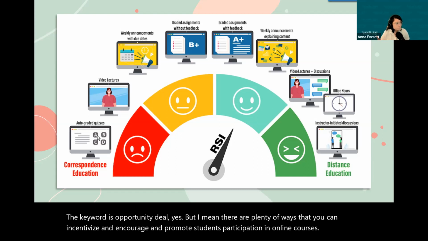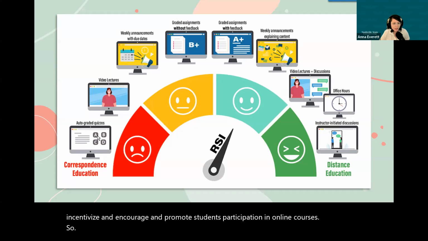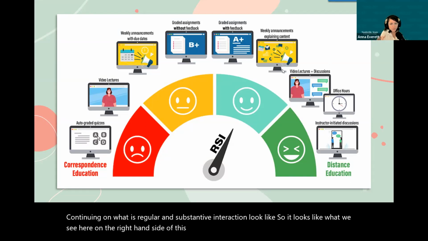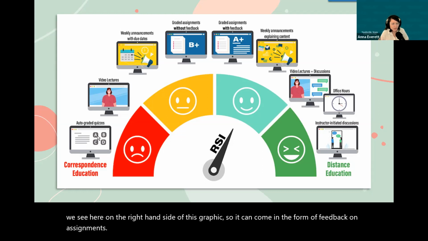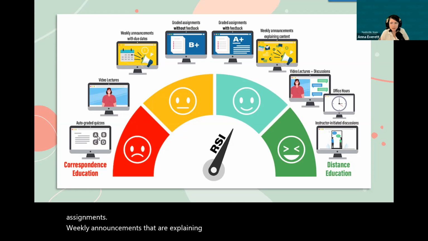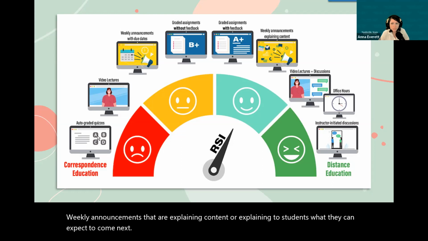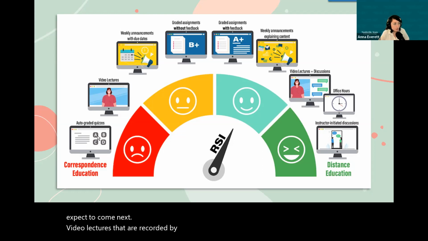So continuing on, what does regular and substantive interaction look like? It looks like what we see here on the right-hand side of this graphic. It can come in the form of feedback on assignments, weekly announcements that are explaining content or explaining to students what they can expect to come next, video lectures that are recorded by the instructor, discussions.